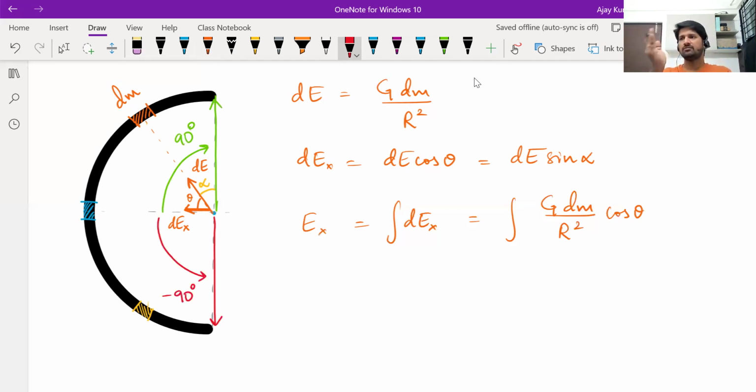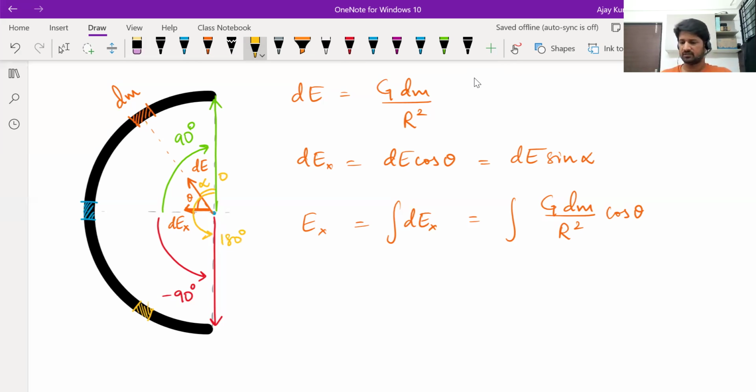If you are calling the angle positive in one sense, in the opposite sense you are supposed to call it negative. So these are the limits for theta. If you are writing the integral in terms of theta, the limits will be from minus 90 to plus 90. If you are taking the integral in terms of alpha, for the topmost element, alpha will be 0. For the bottommost element, alpha is with the y-axis, no? It will be 180 degrees. So in terms of alpha, these will be the limits.